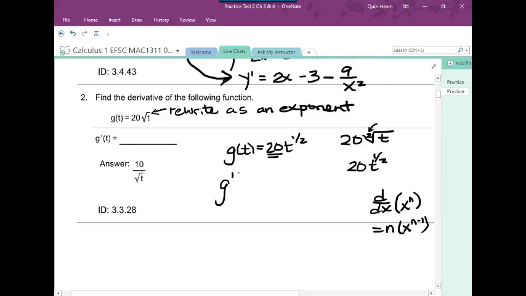So your first derivative will be 20 times, then we're going to bring the 1/2 out front, and then we're going to multiply by, and what's 1/2 minus 1? I'm going to write that step out. So g prime of t is equal to 20 times 1/2, which is 10. And then we have t to the what power? What's 1/2 minus 1?